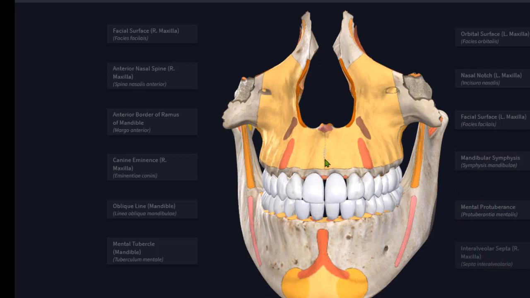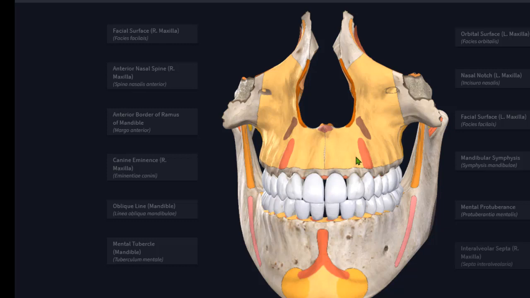You can see this line, the intermaxillary suture, forming the anterior nasal spine over here. This is similar to the mandible, which is also a fusion of two mandibular bones at the mandibular symphysis. The mandible is the movable part of the jaw, but the maxilla is the fixed part of the jaw.